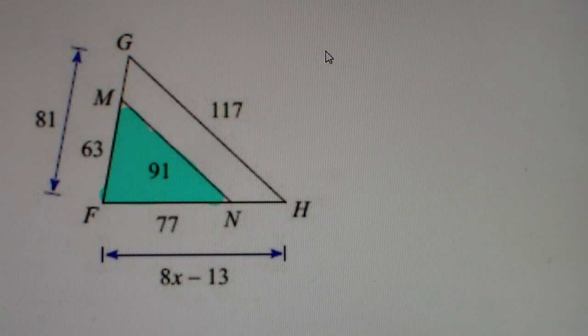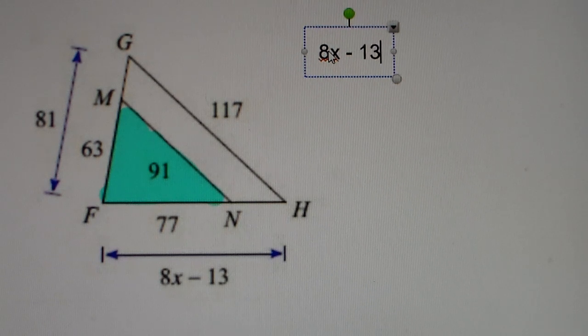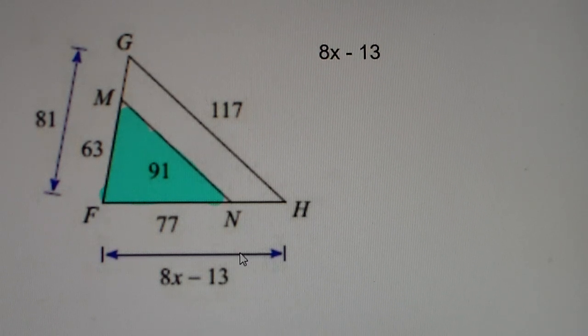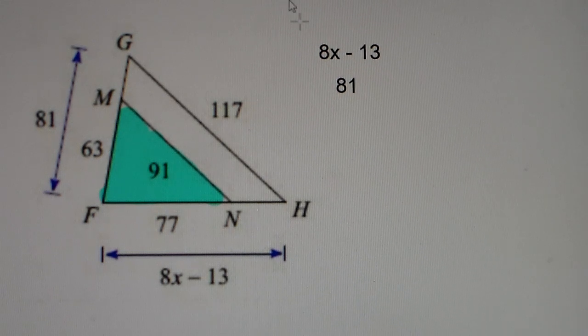So we're going to actually type that out in our equation here. 8x minus 13, this blue side over this blue side of 81, they're going to be on top of each other in our proportion.